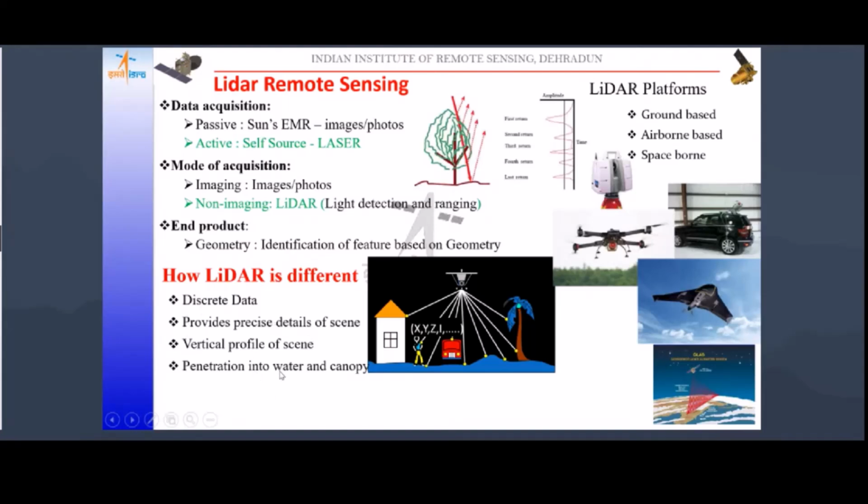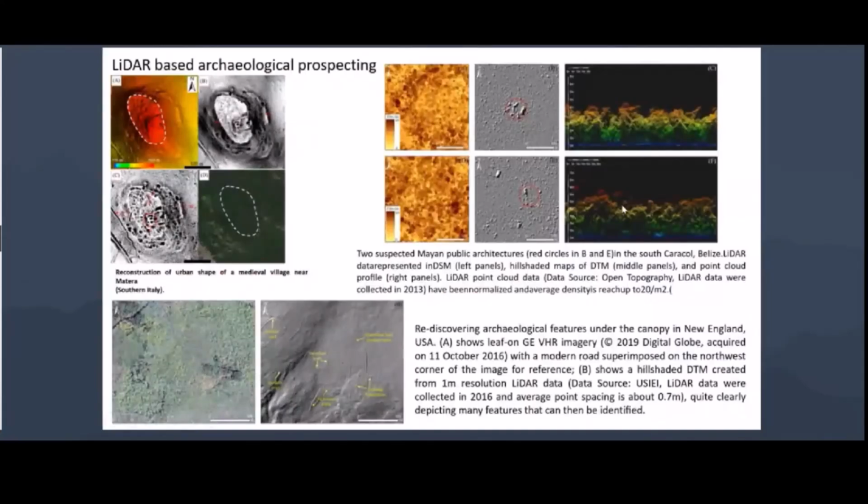This is also able to penetrate to some extent into water and through vegetation canopies. So this, like the SAR microwave sensors, is also very useful to study features which are buried under vegetation, especially archaeological features.